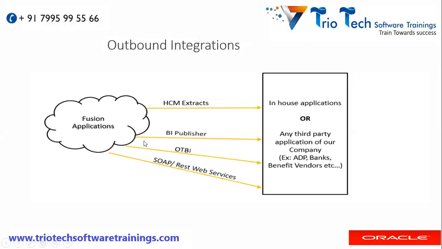I can push this data from my Fusion application to the third-party application. This is where outbound integrations are incorporated through the Fusion application and help the organization have interaction between various applications.